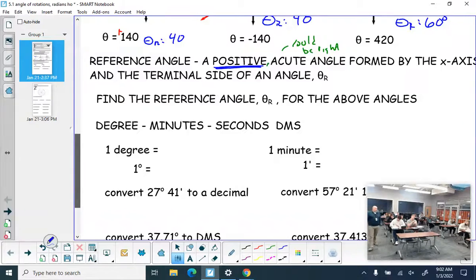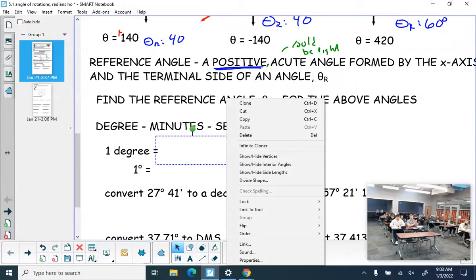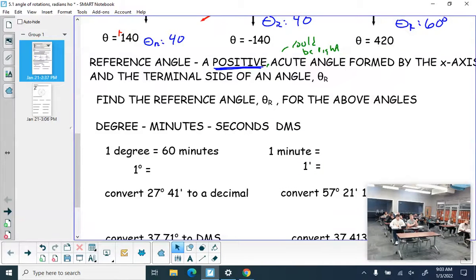And when I talk about minutes and seconds, you can think about a degree as the same idea as an hour. A degree is equal to 60 minutes. And how we symbolize minutes is we put one slash up there.